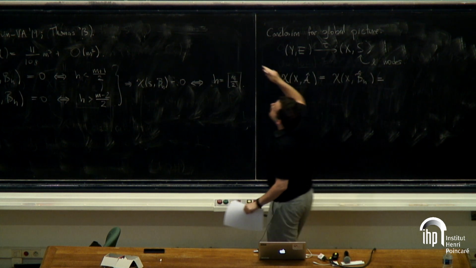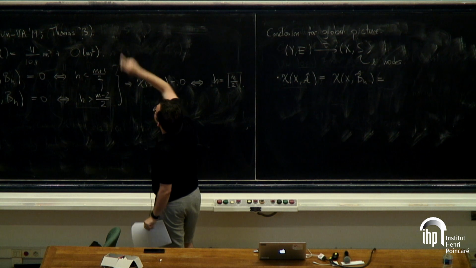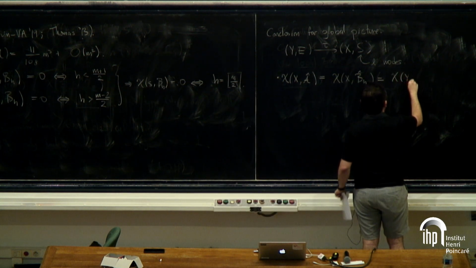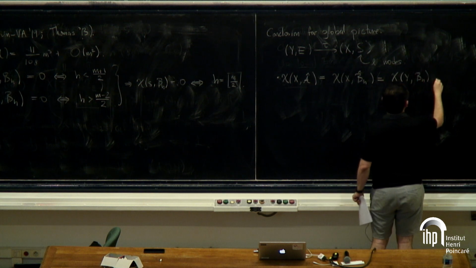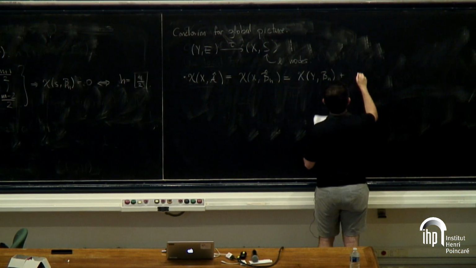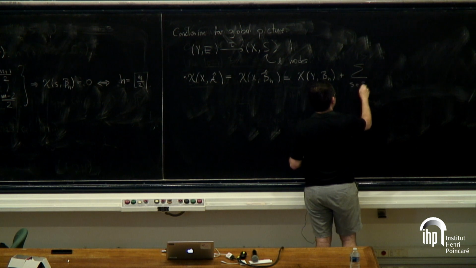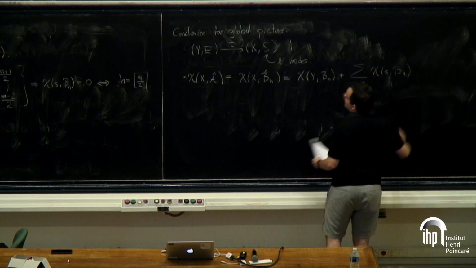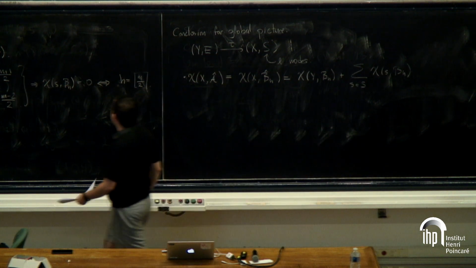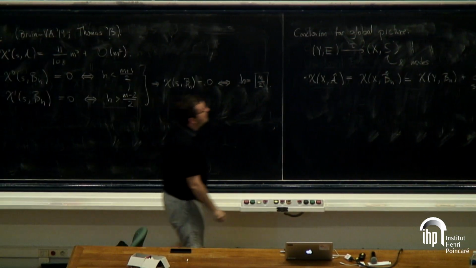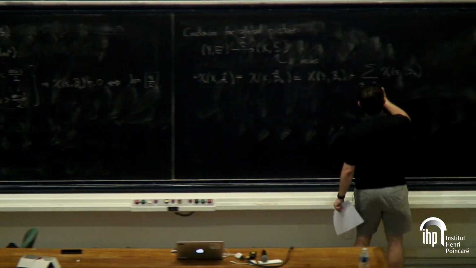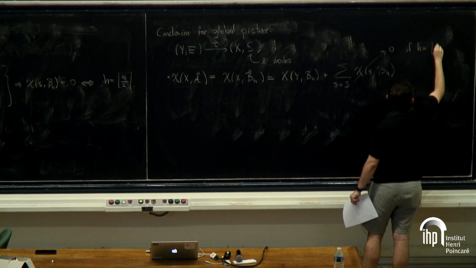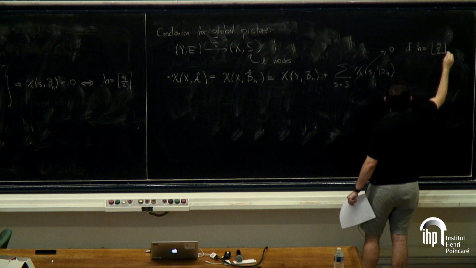Now I can use Blasch's formula, and this will be chi of Y BH plus a contribution from the singularities, chi of S BH. But this theorem tells you that this contribution will go away if h is equal to this floor.